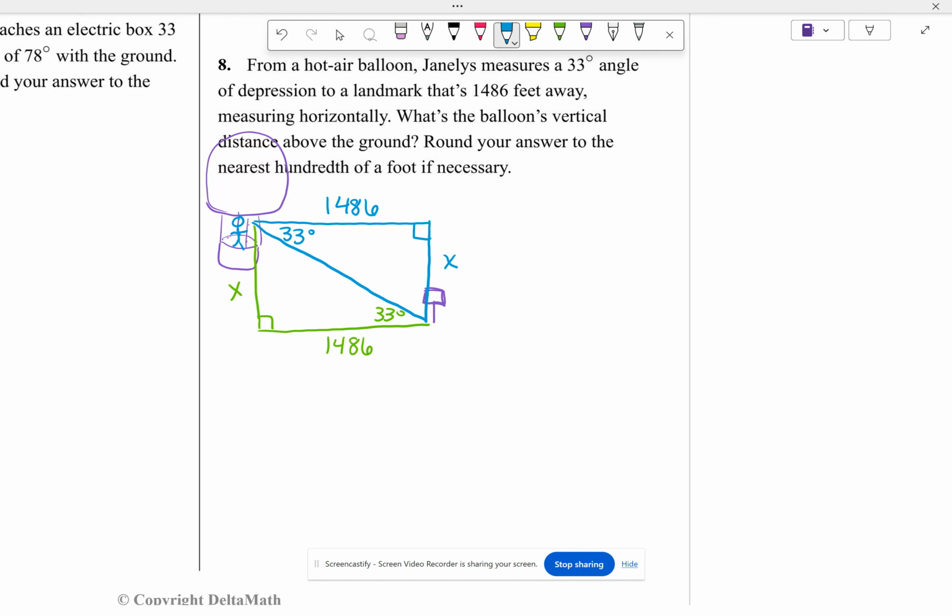Okay, I'm going to go back to my blue triangle. I'm at 33 degrees. That's where my person is. That's my reference angle. Where is X? It is opposite. Where is 1486? It's adjacent.